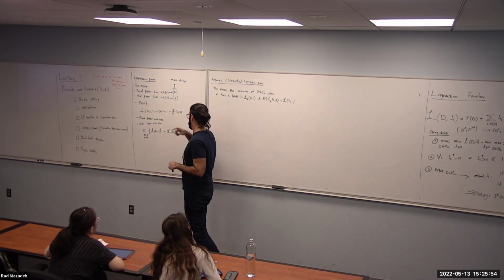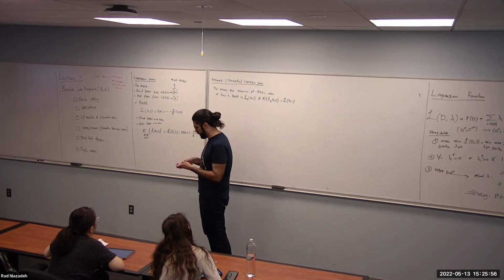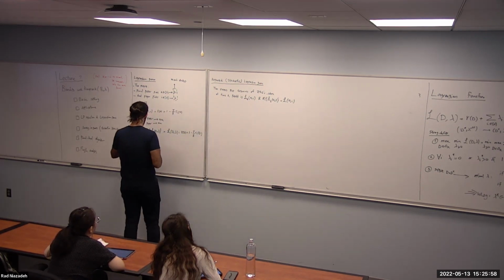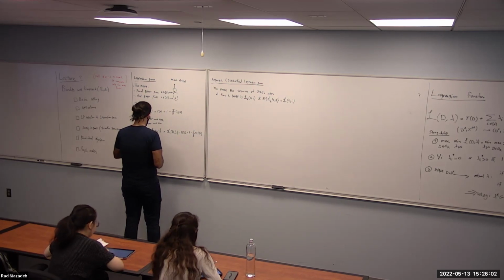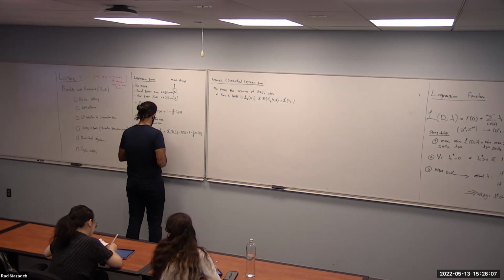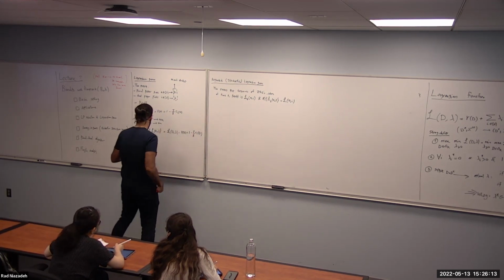So now, as a one-shot game, one can study the Nash equilibrium. The Nash equilibrium of this game is the one that we have on the right.